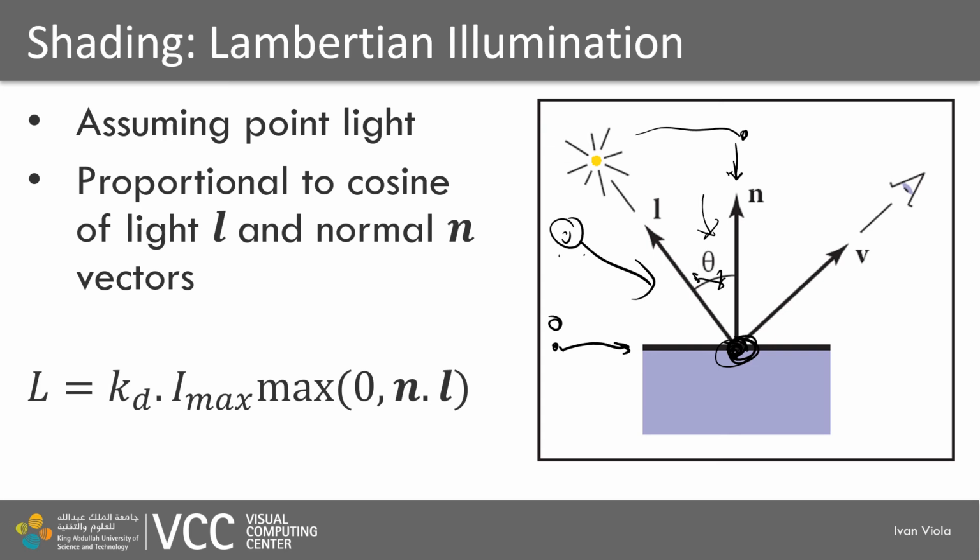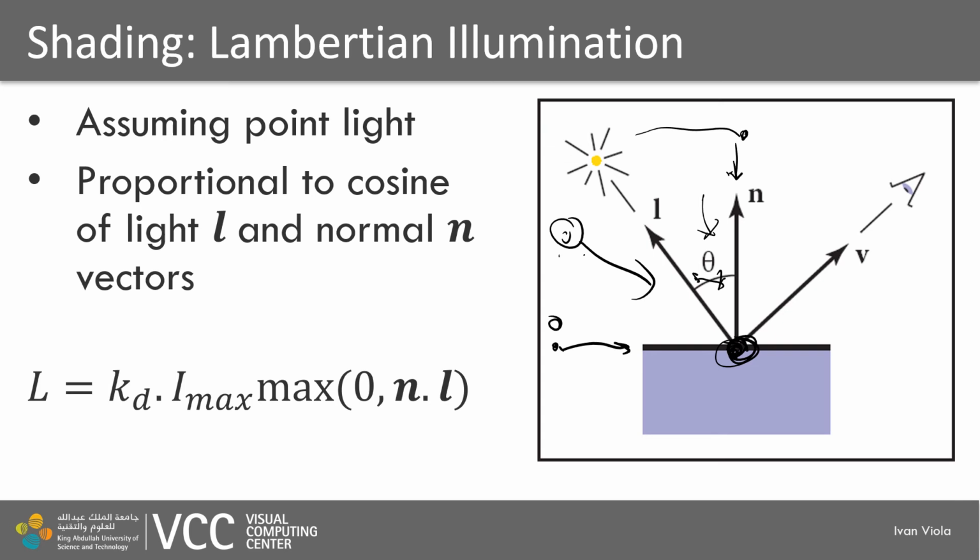In fact, we can directly compute the cosine term, and this one is the one which we are interested in. Remember, for the cosine, if theta is 0, meaning these two vectors, light vector and normal vector, are aligned, then cosine theta will be 1, and if they are perpendicular to each other, the cosine will be 0.